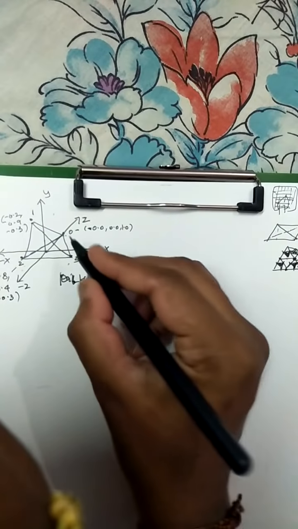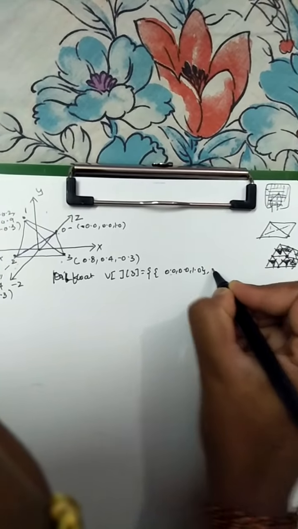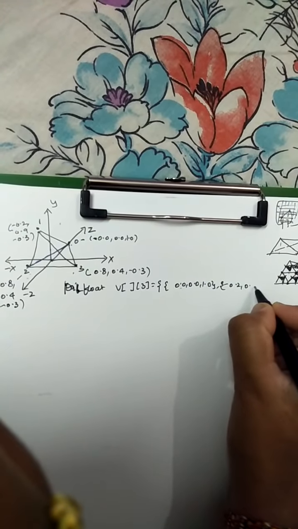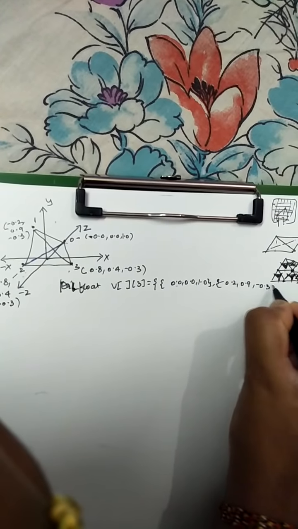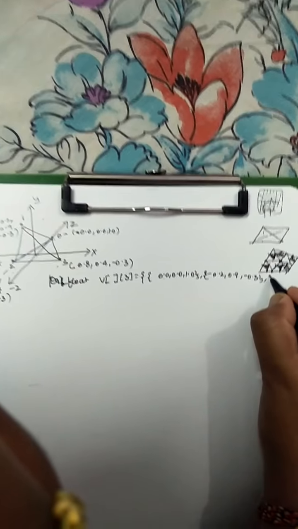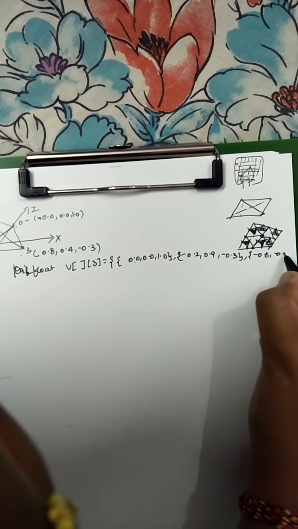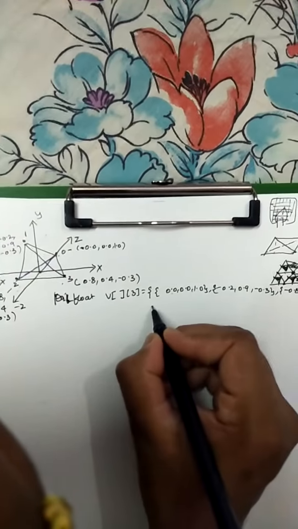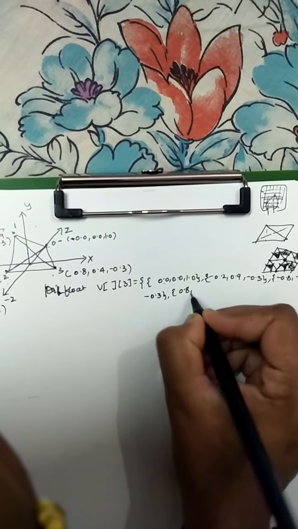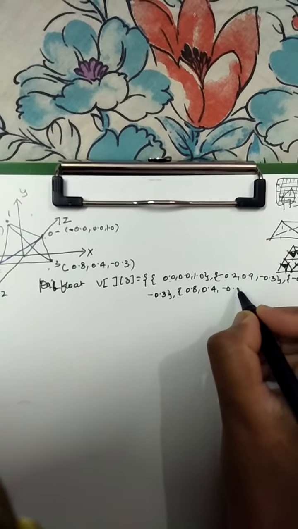So I'll place with respect to 0, that is 0.0, 0.0, 1.0, and this point, minus 0.2, 0.9, minus 0.3, and the point of vertex 2, that is minus 0.8, minus 0.4, minus 0.3, and the point of this vertex, that is 0.8, 0.4, and minus 0.3.